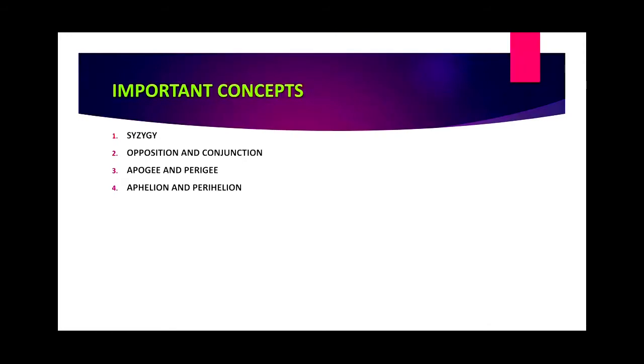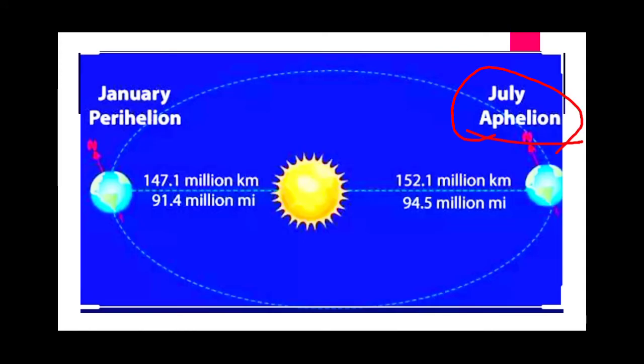Now students, the next concept is aphelion and perihelion. So aphelion is the position of the earth in its orbit while it is moving around the sun when the earth is farthest from the sun, and perihelion is the position of the earth in its orbit around the sun when it is closest to the sun.